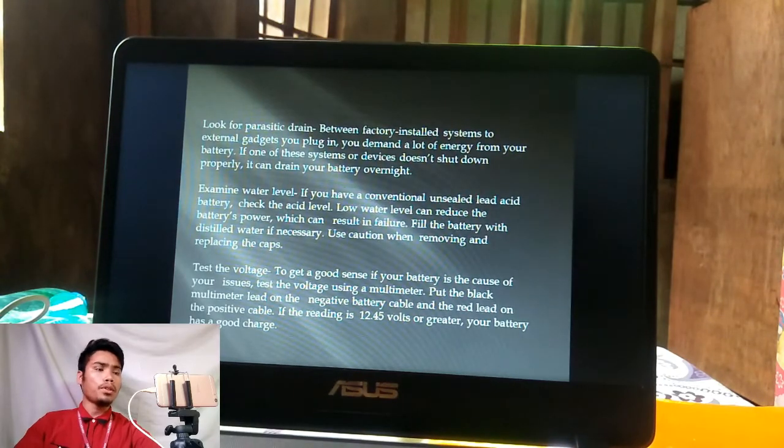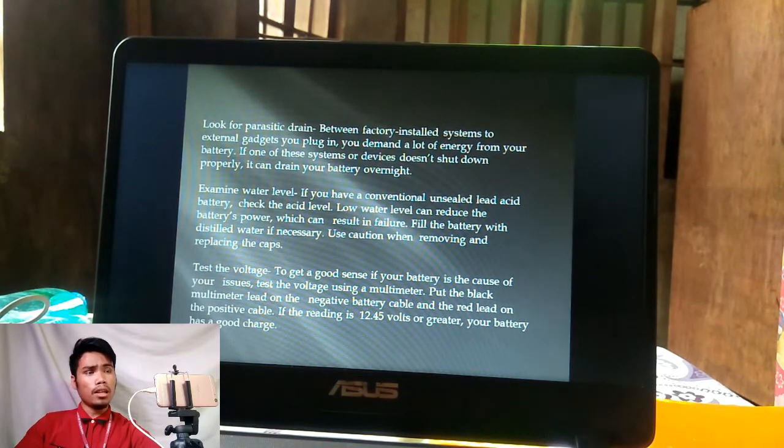Next is look for parasitic drain. Between factory-installed systems and external gadgets you plug in, you demand a lot of energy from your battery. If one of these systems or devices doesn't shut down properly, it can drain your battery overnight.